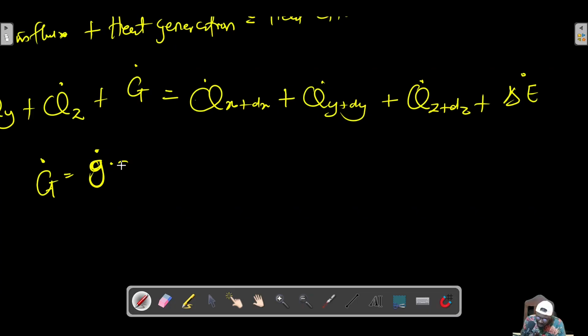In this case, the volume is dV. That is one thing you should know. So the G, which is the heat generation within the control volume, is the heat generation per unit volume times the volume of the infinitesimal control volume I've selected. That is it.